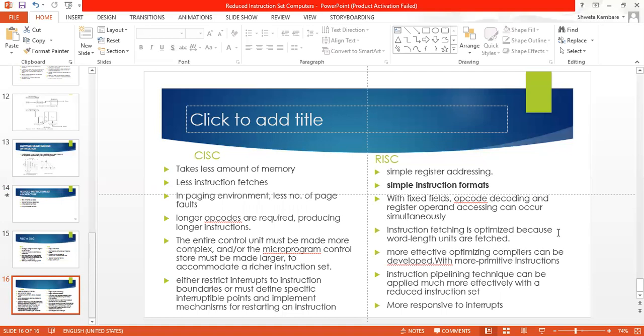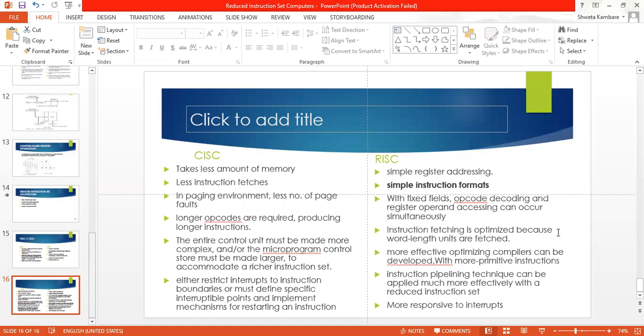Okay, so these are the main different points about RISC and CISC. The computers which are being used in today's life actually don't use complete RISC architecture or complete CISC architecture, as both of them have a few important advantages.